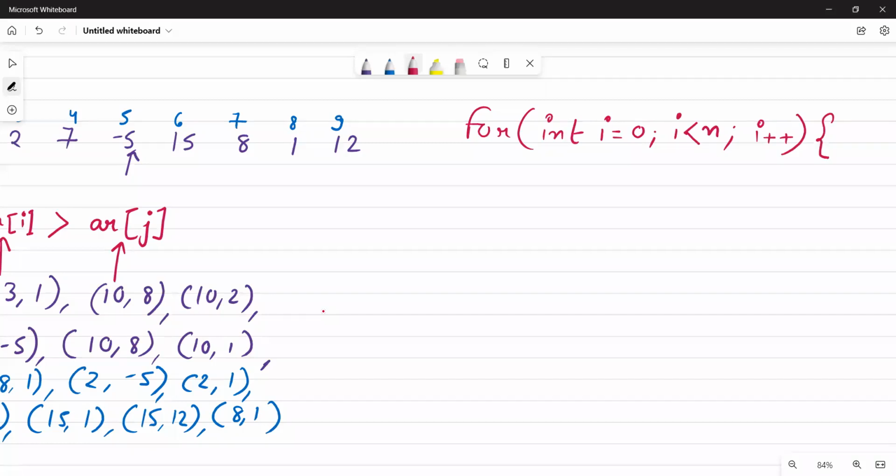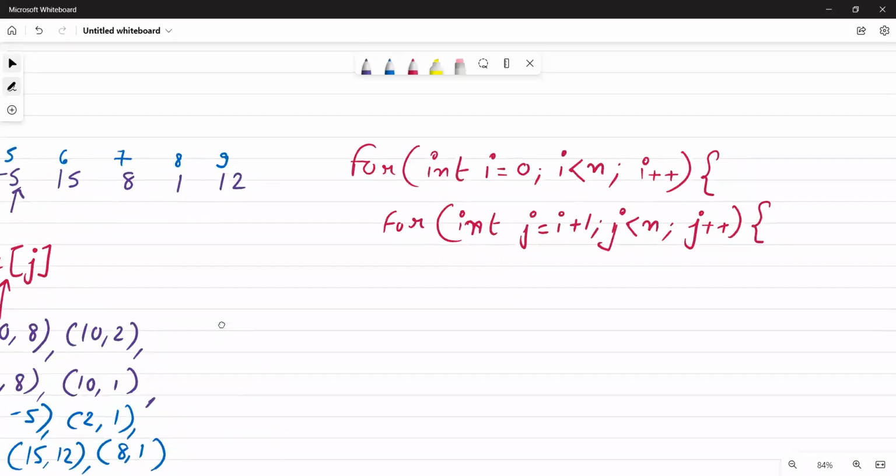Then you're saying that I should be using another for loop, which should obviously be j equals i plus 1, right? Yes, next element. j less than n, and j plus plus.